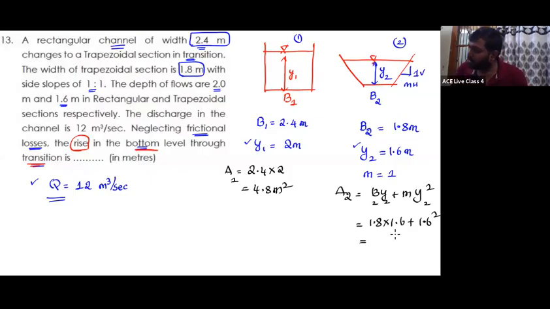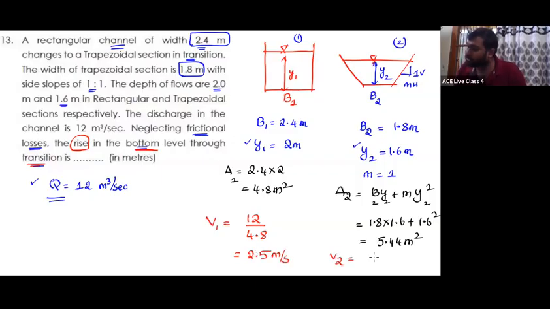So this is 5.44 square meters. And now from this, what is velocity V1? 12 by 4.8, which is equal to 2.5 meters per second.